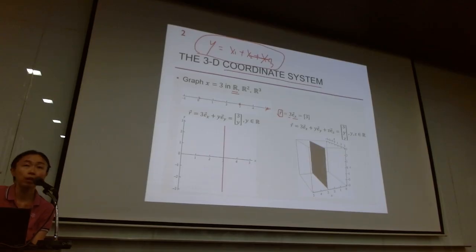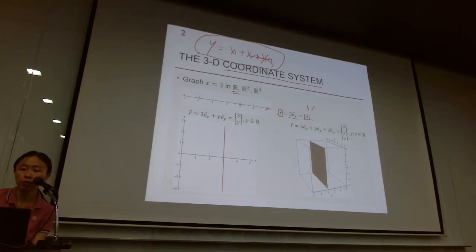It's a vector, so you will have 3 times the unit vector. Be careful, you cannot write 3 only because this is a vector in a dimensional space. Any questions about this?